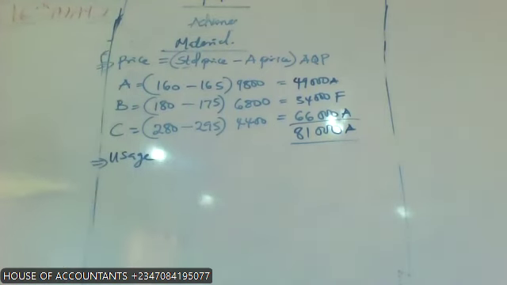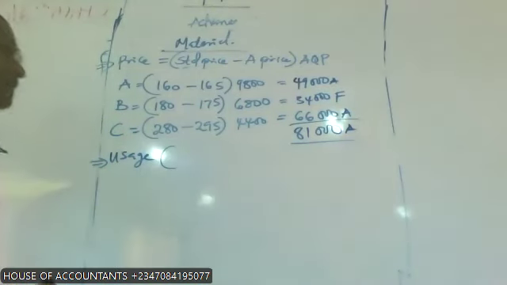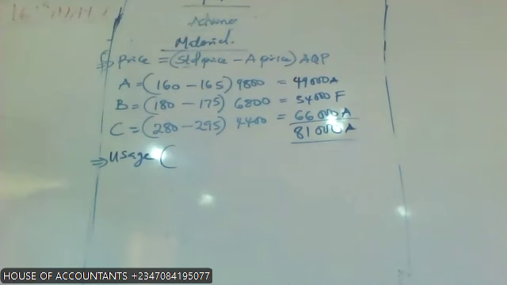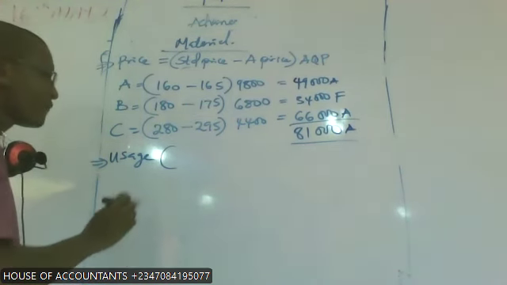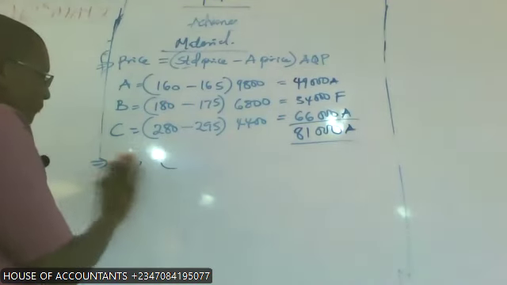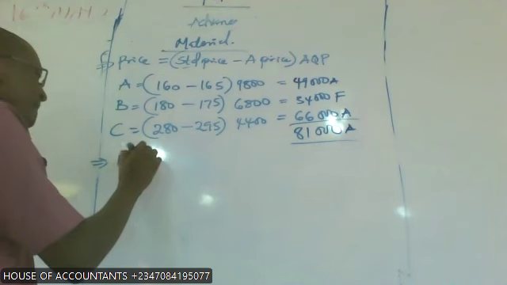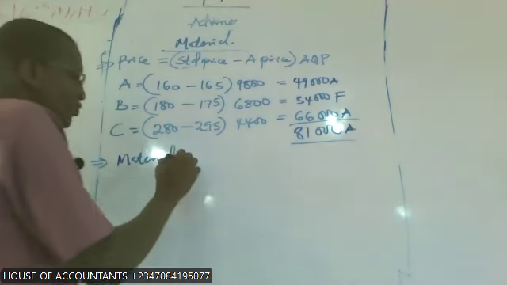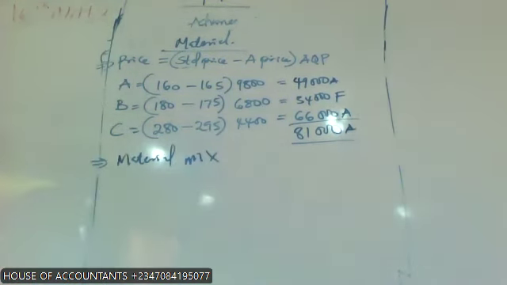Now we go to the usage. For usage we have mix, so we cannot use usage. You can still say material usage, but we just have to replace it with mix and yield.